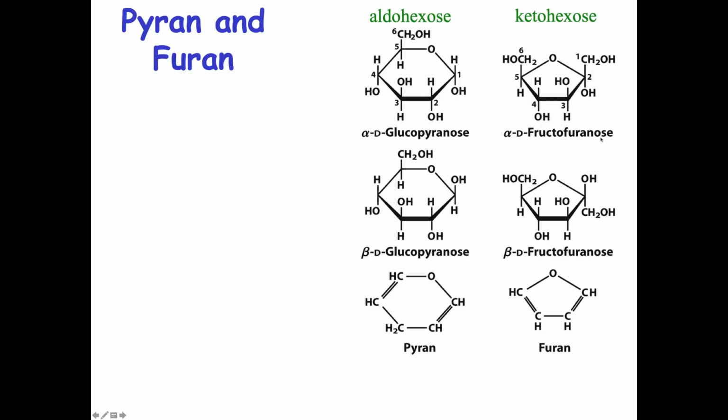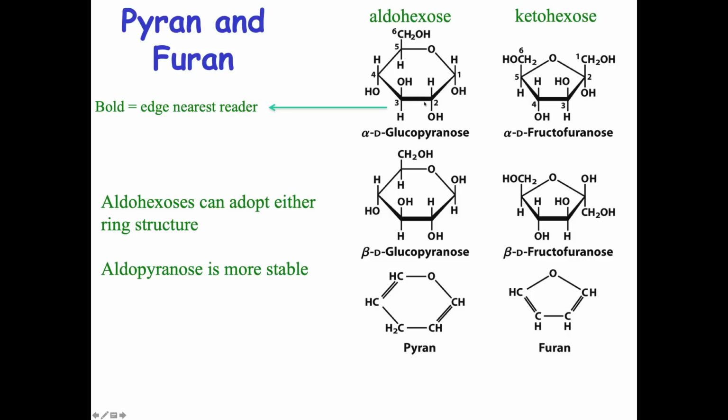So then this is alpha. Beta has the hydroxyl group in the opposite orientation. And again, these are D sugars because they have their CH2OH substituents on top of the ring. In these Haworth projections, to orient you, the bold edge is the edge nearest the reader.